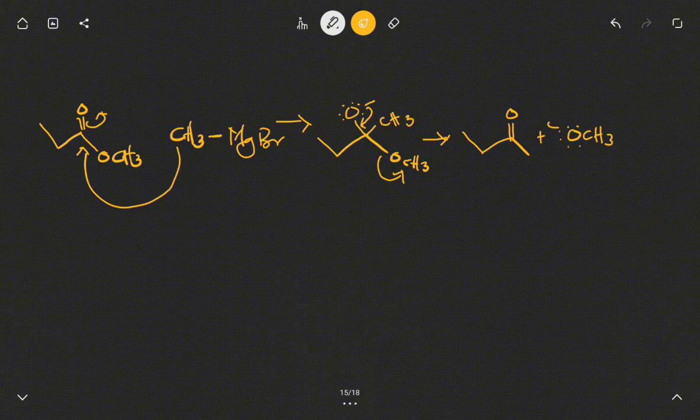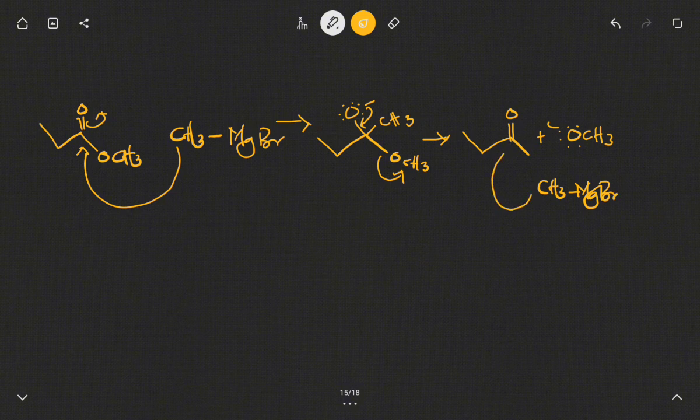Now what is going to happen next is that we'll have another equivalent of the Grignard reagents coming in. So again we have CH3MgBr.